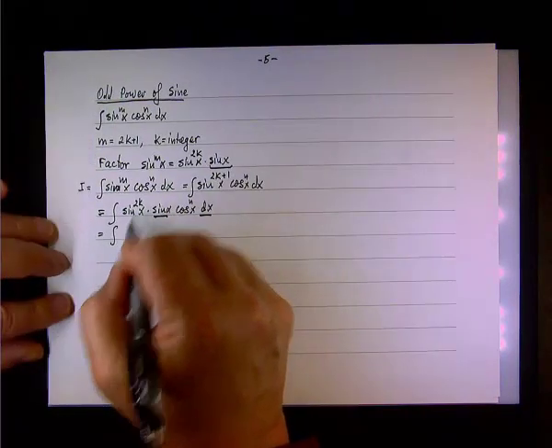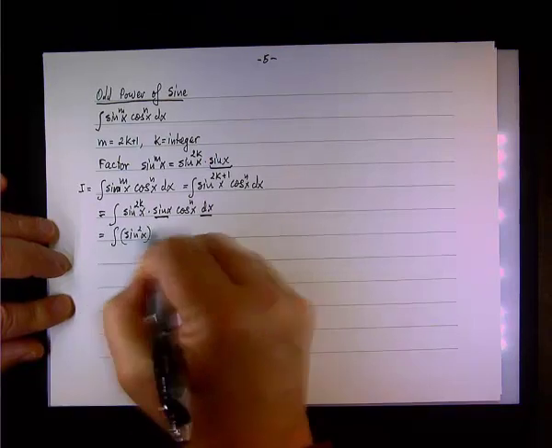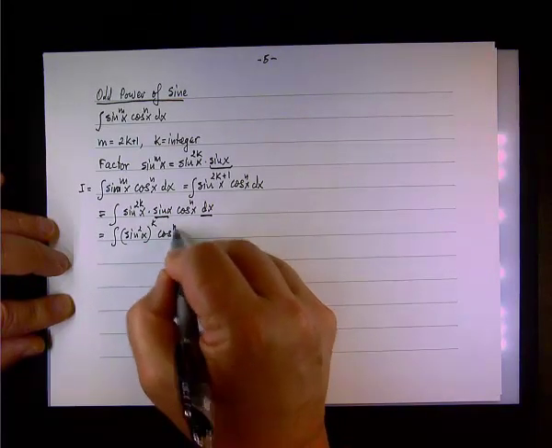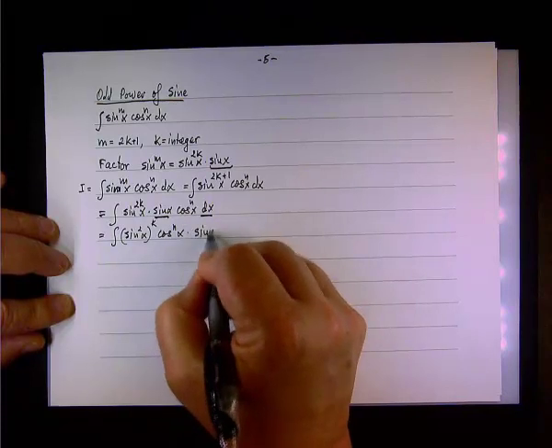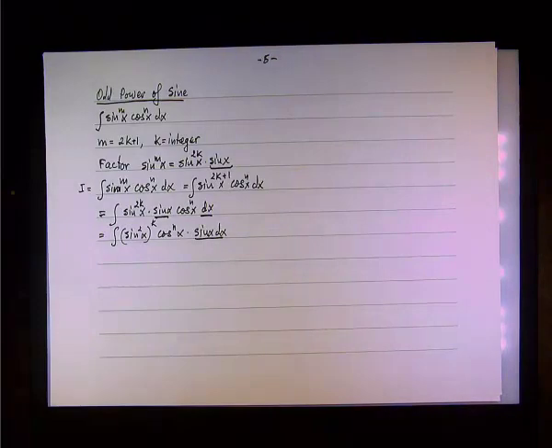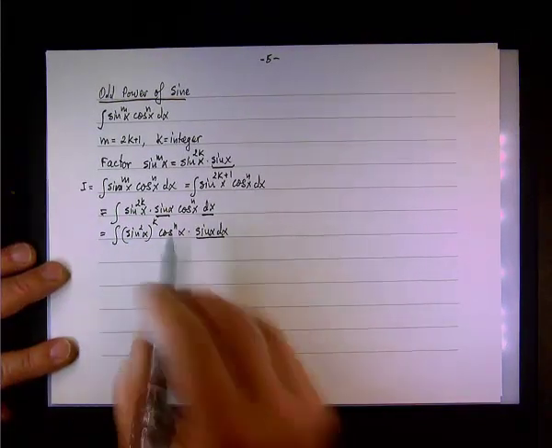And we're going to write sine x to the 2k as sine squared raised to the kth power, and then cosine x to the n power, and finally we have the sine x dx, which is the idea behind it. And this is what you need to really understand rather than remember one formula or another.